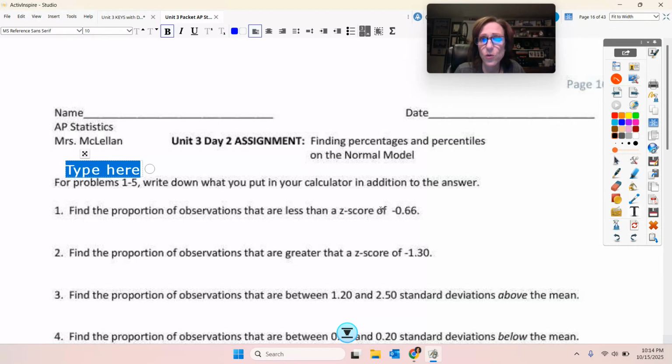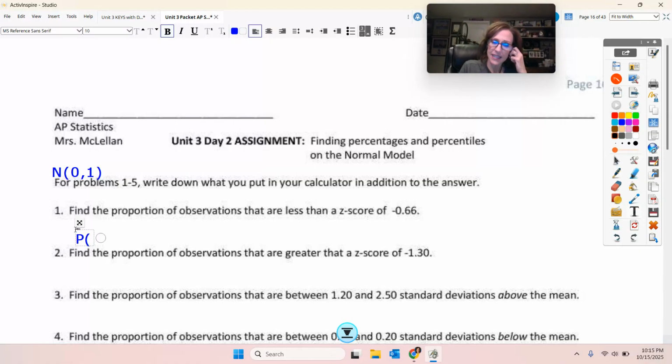A z-score is on a standardized normal model. So for problems 1 through 5, you are using a normal model with a mean of 0 and a standard deviation of 1, okay? So just put that there. For numbers 1 through 5, we have a normal model with a mean of 0 and a standard deviation of 1. You can do a quick sketch of a normal model, but definitely you are writing your probability notation.